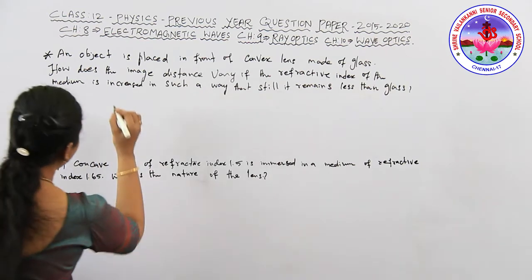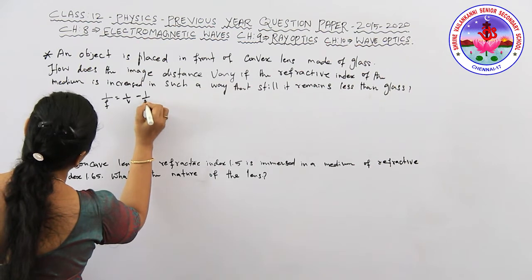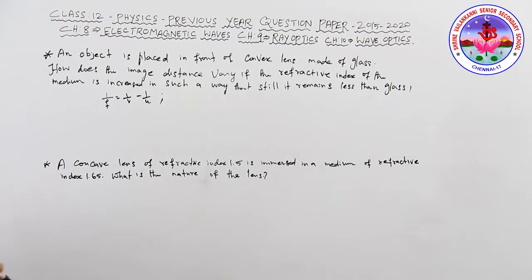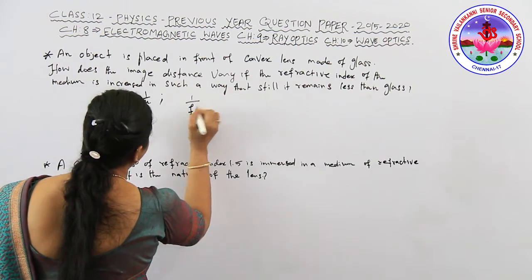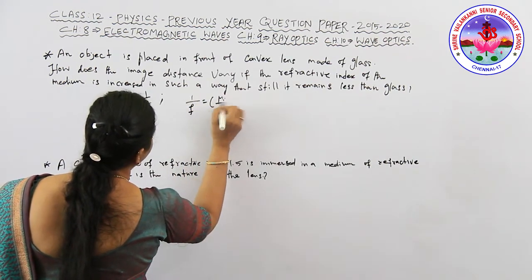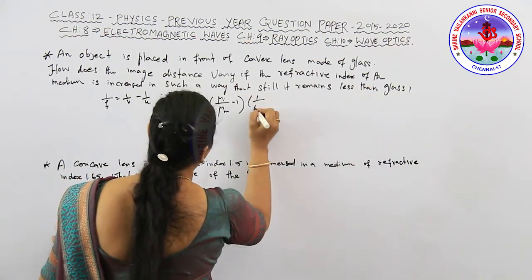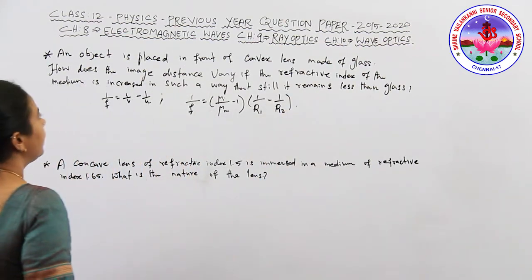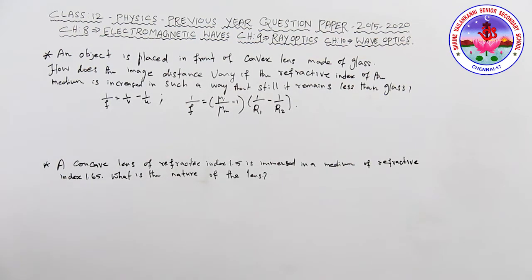First the formula you have to write is 1 by f equals 1 by v minus 1 by u. And from this, comparing the two mediums, 1 by f equals (mu_l by mu_m minus 1) into (1 by R1 minus 1 by R2). We can say that is the lens maker's formula, right?